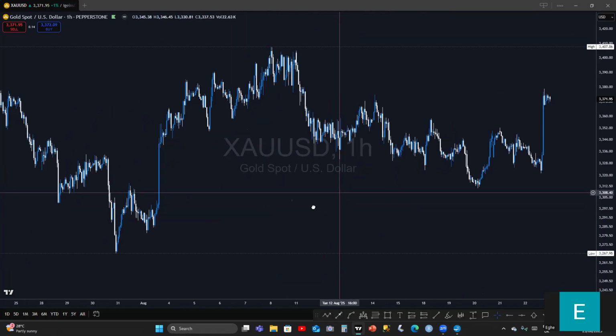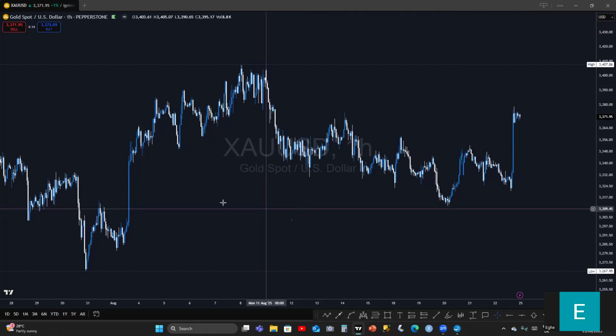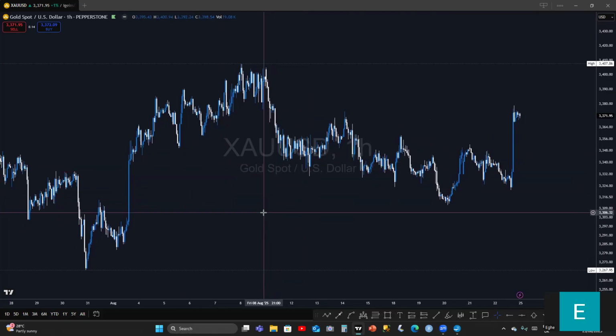Yes. So when we talk about time frame, we are simply referring to different types of time of trading. We have 1 hour, 2 hours, 4 hours, daily, weekly, monthly, right? Exactly.